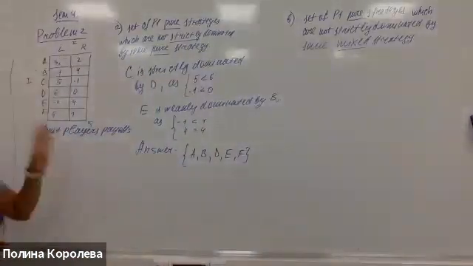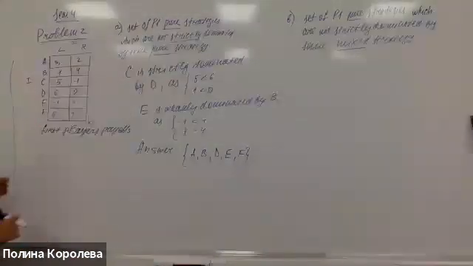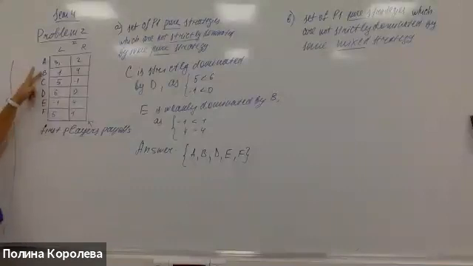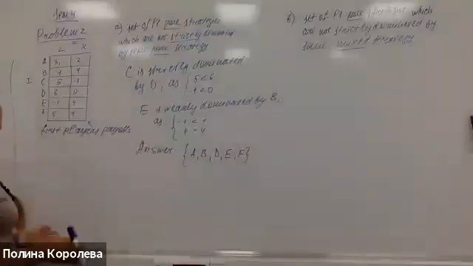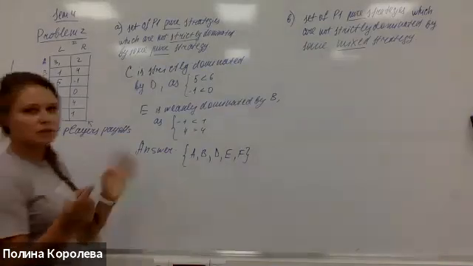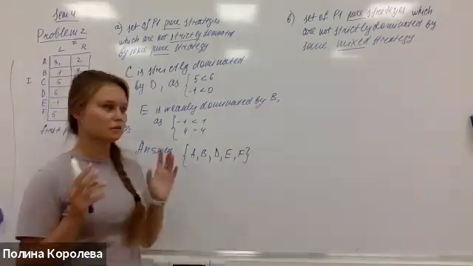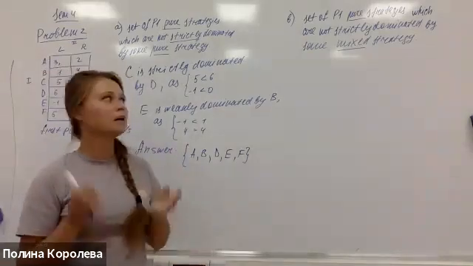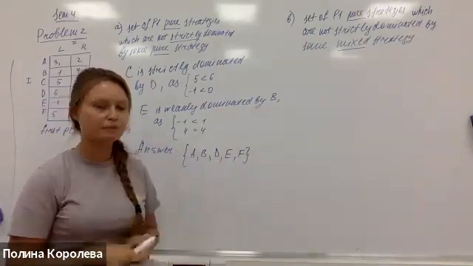For example, a mixed strategy is to play B with probability 1/2 and to play C with probability 1/2. This is a mixed strategy, the example. To play B in 50% of situations and to play C in 50% of situations. And we can mix each strategy, to play two or three strategies with some probability.